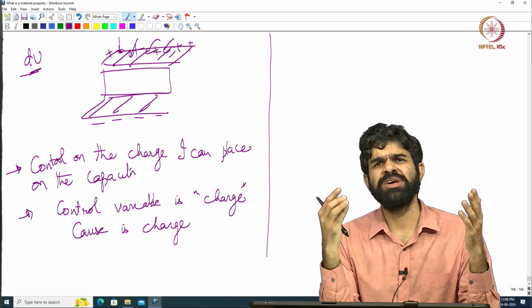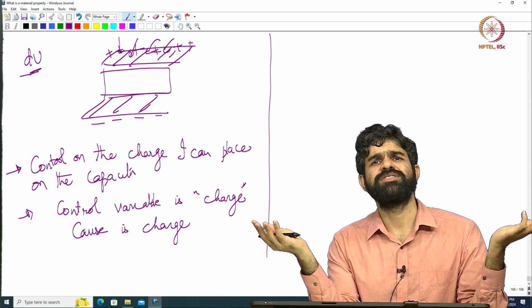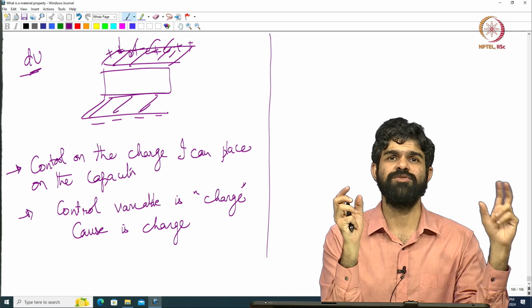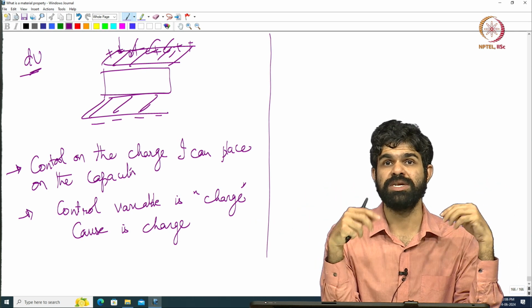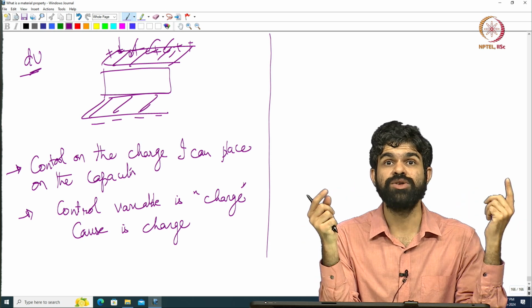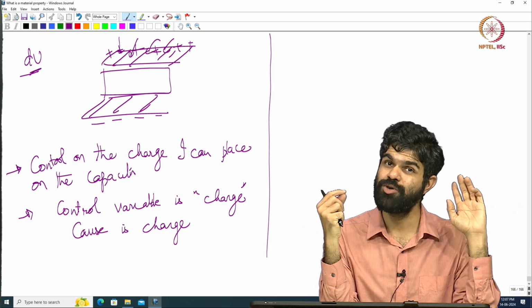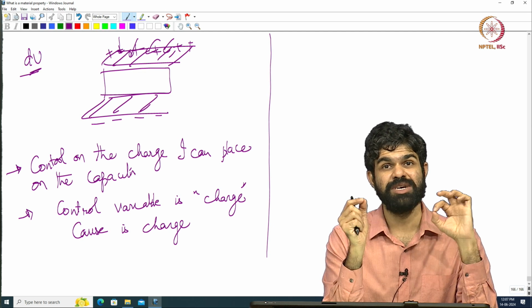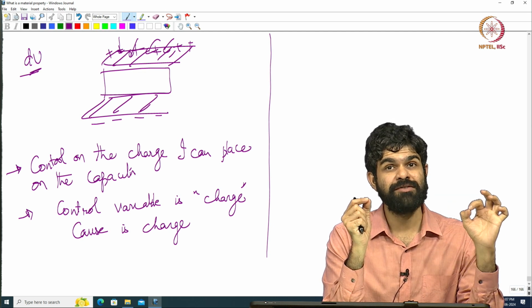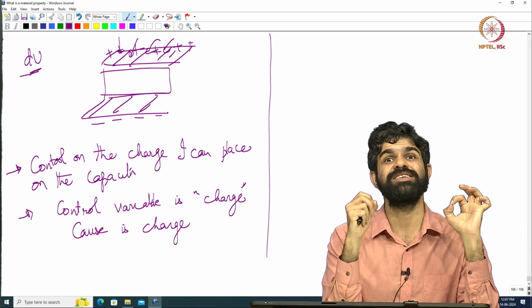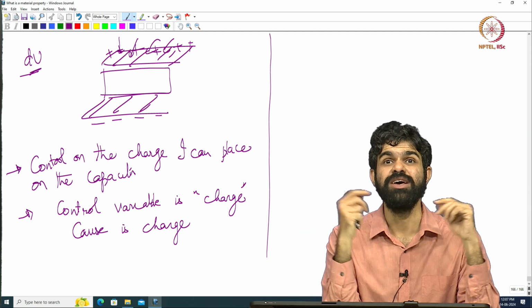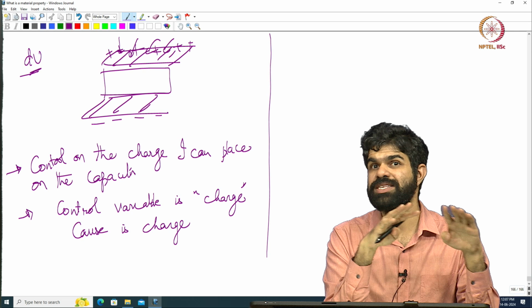Now, you may argue, what is the big deal? Whether I apply charge and measure voltage, or apply voltage and measure charge, I should measure the same properties. That is not necessarily true. If you go back to our first few lectures, I said that applying current and measuring voltage, and applying voltage and measuring current, in a device that is nonlinear or hysteretic, is not necessarily one and the same.